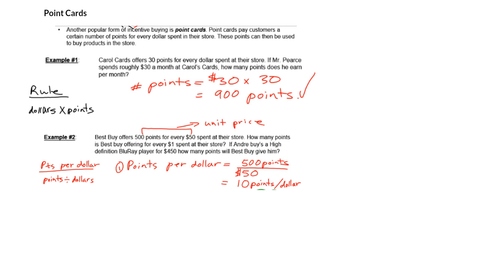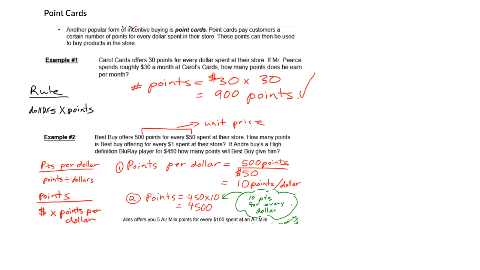The next thing that we have to do is remember that our points are equal to the dollars that we spend in the store times the points per dollar. So we're going to use that to calculate the number of points that he gets. So now we have 450 times our 10 points for every dollar, which gives us a total of 4,500 points.